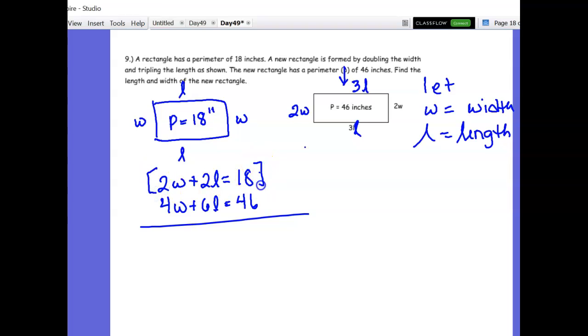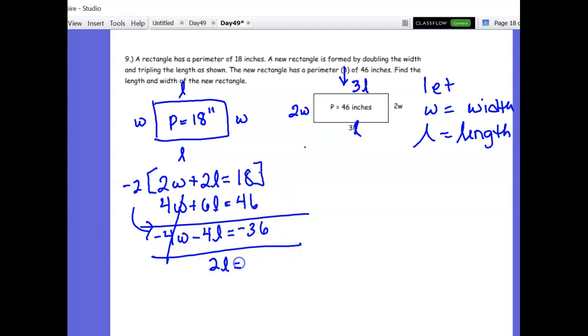And we can take the top one, I'll use elimination and multiply by negative 2. So when I do that, I'll do it down here. I get negative 4W minus 4L is going to be equal to negative 36. So when I add these together, I get 2L is equal to 10. So my length is going to be equal to 5.